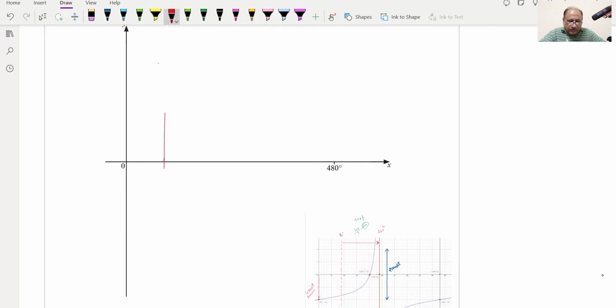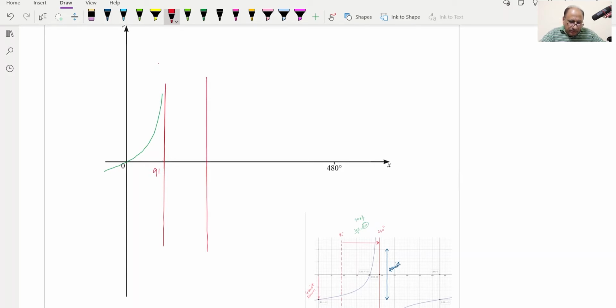I'm just drawing first the normal graph. It will be having asymptotes at 90, and curve will be bending like this one, and it will be passing through 0. Now after again 90, it will be having x-intercept at 180. So we can draw 180 also over here.